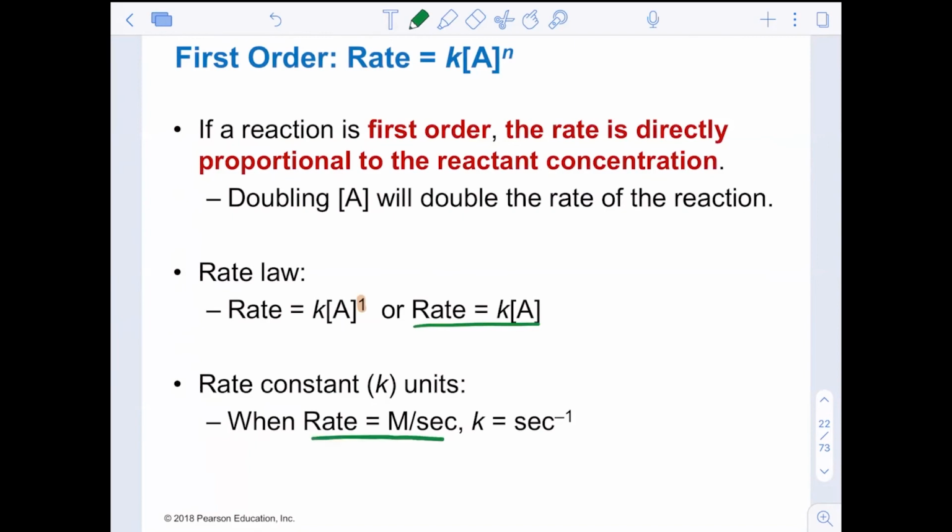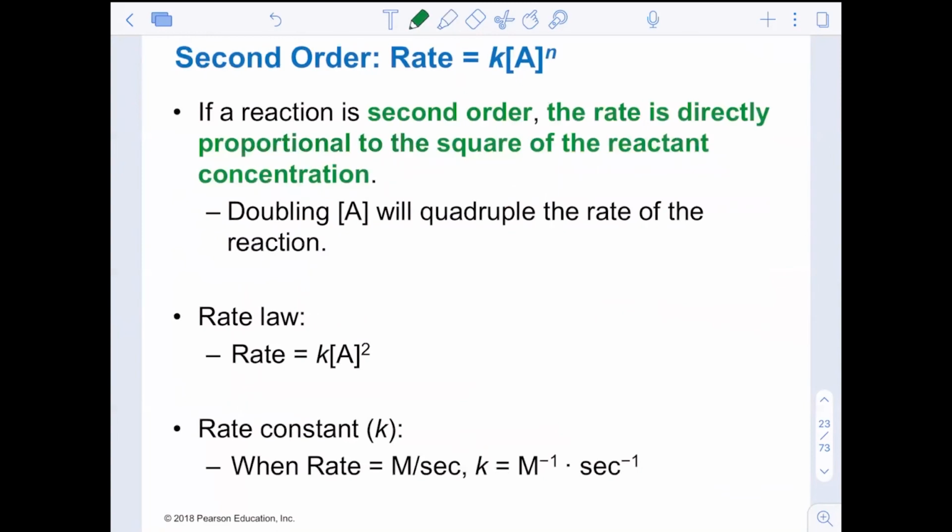Again, the rate units have to be molarity per second. Then the rate constant would be per second, because if the constant k is 1 over seconds and our concentration is molarity, that's how we get molarity per second for the actual rate units.